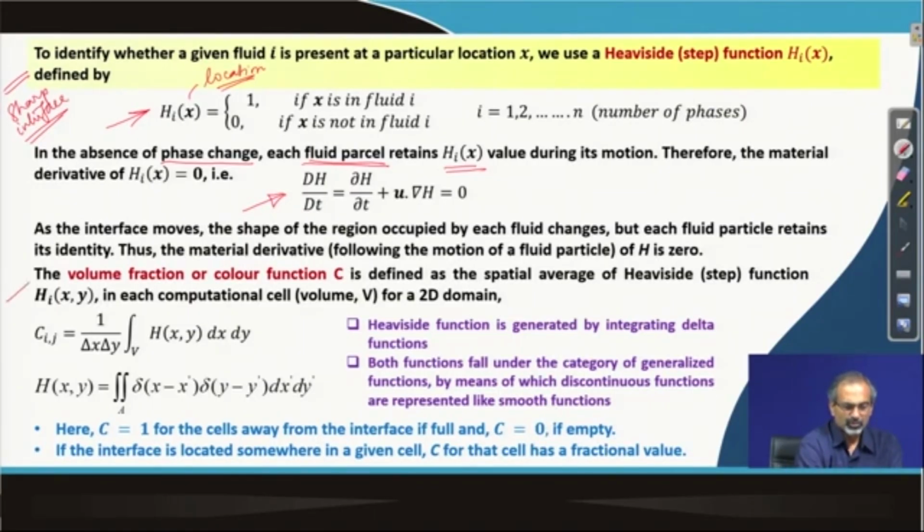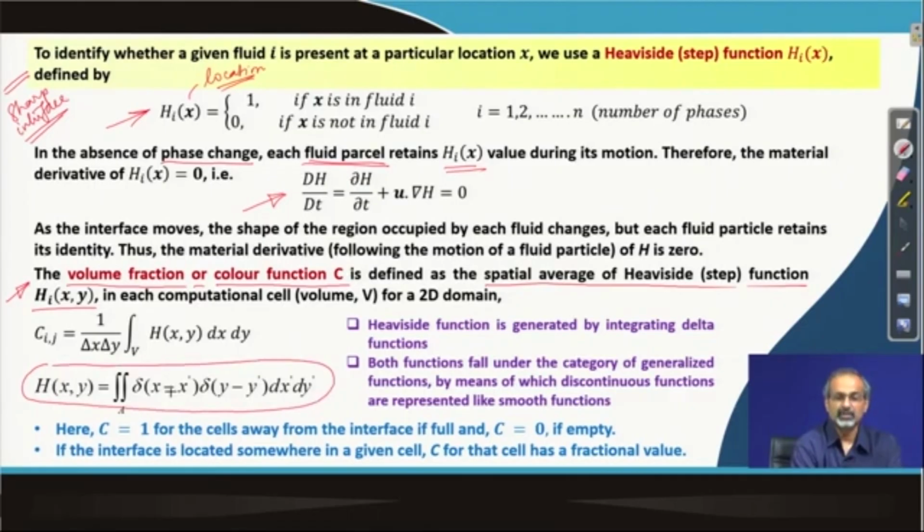Now, we introduce one of the marker functions which is called the volume fraction or color function C, which is defined as the spatial average of the Heaviside or step function. Now, before we do that, we have a quick look at the Heaviside function itself. So, in a two dimensional plane, it is comprised of product of delta functions integrated over an elemental area.